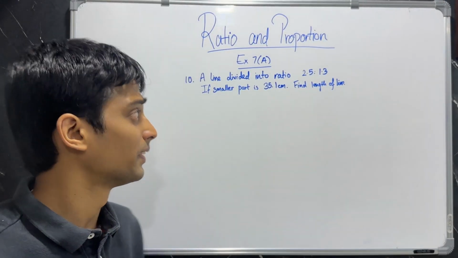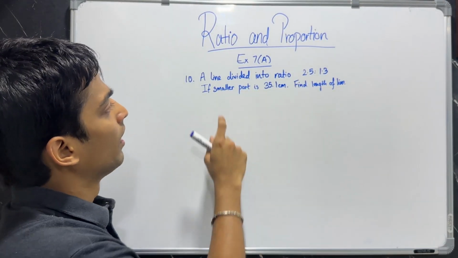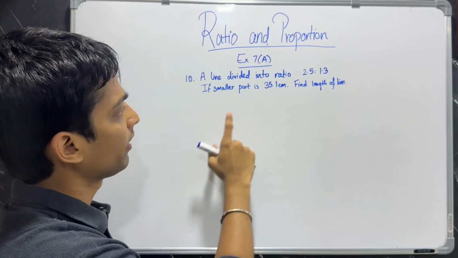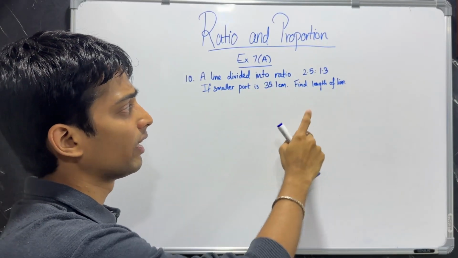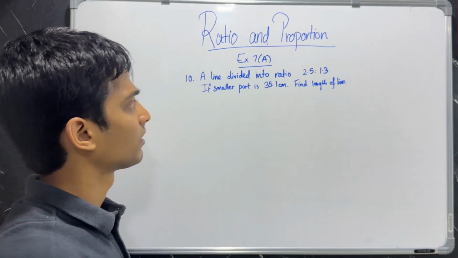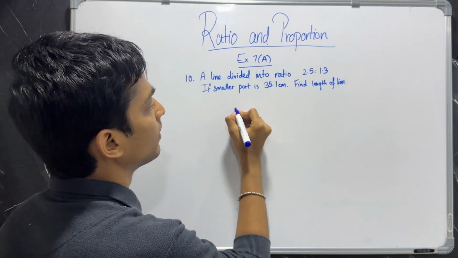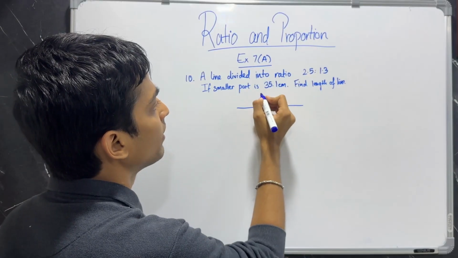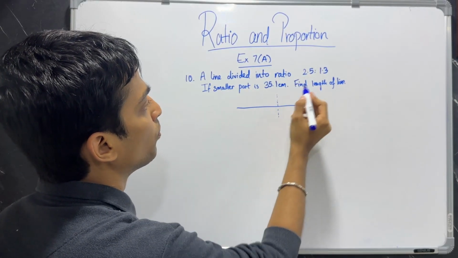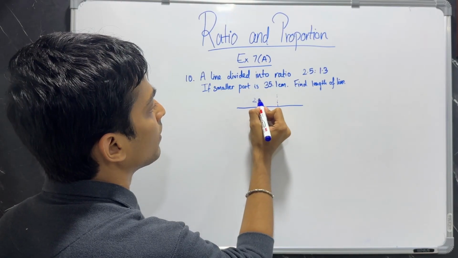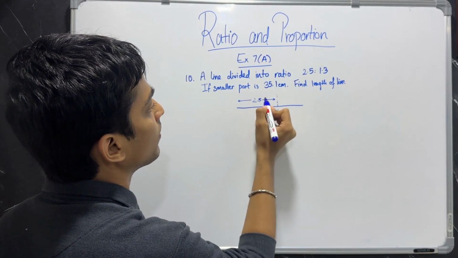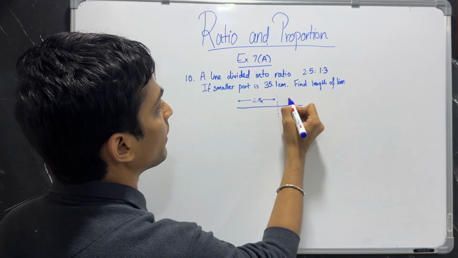Okay, let's solve the 10th sum now. A line divided into ratio 2.5:1.3. If the smaller part is 35.1 centimeter, find the length of the line. So let's understand the question first. There is a line and it is divided into some ratio 2.5 to 1.3.